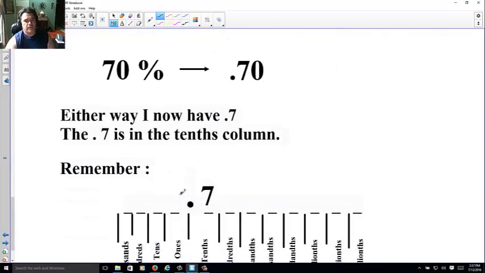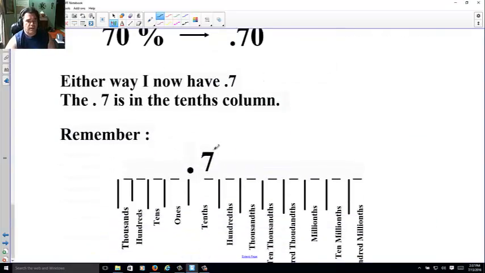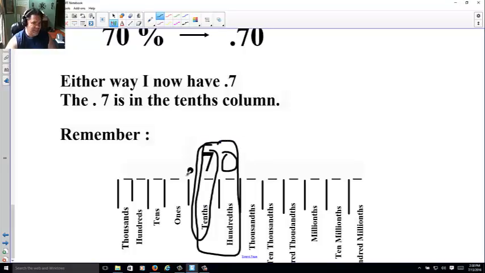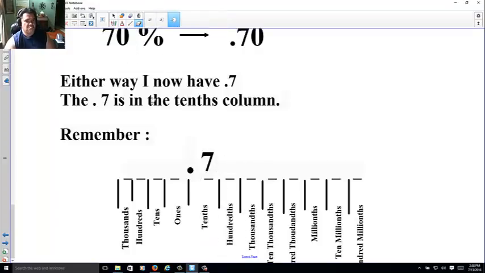Either way. Notice how 0.7 is right in the tenths column here. So that's no big deal. If you had 0.70, notice that would be 70 over 100 again. Notice how you can either have 0.7 for tenths or 0.70 for hundredths. It means the same thing. We just slapped a 0 at the end. Not a big deal.